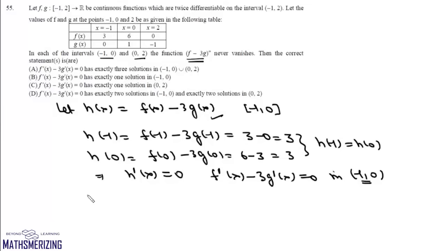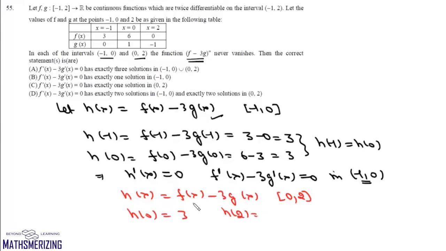In the same way, if we use Rolle's theorem for f(x) minus 3g(x) in the interval 0 to 2, we know that h(0) is 3. Now what is h(2)? h(2) is f(2), which is 0, minus 3, which is plus 3.